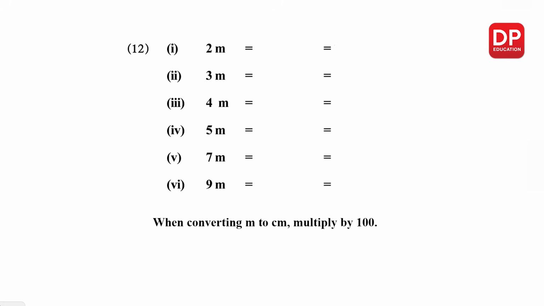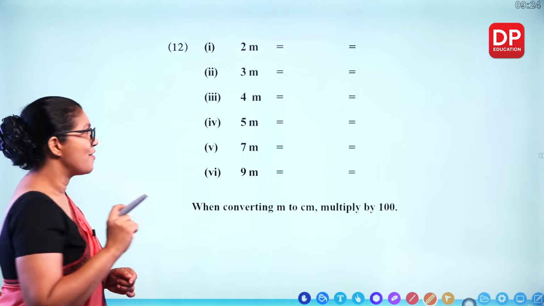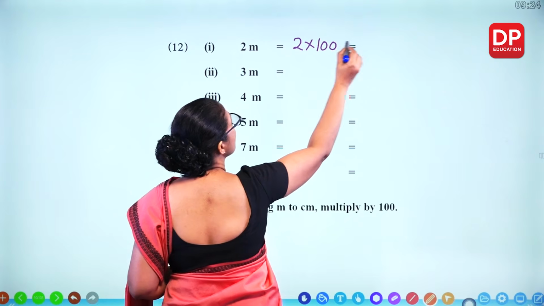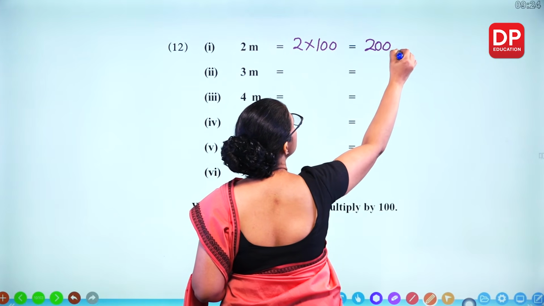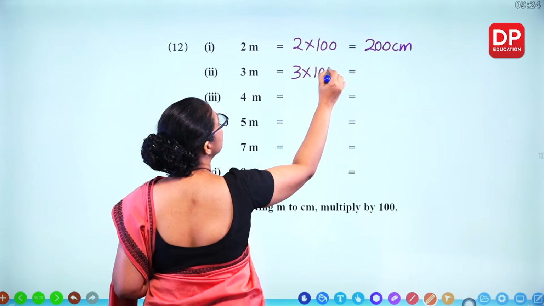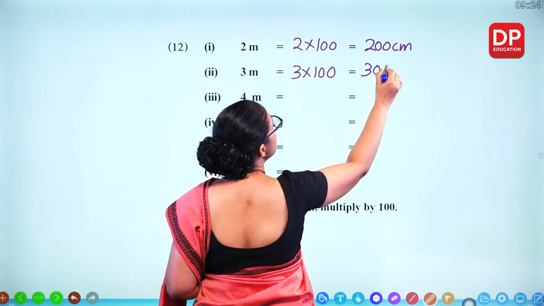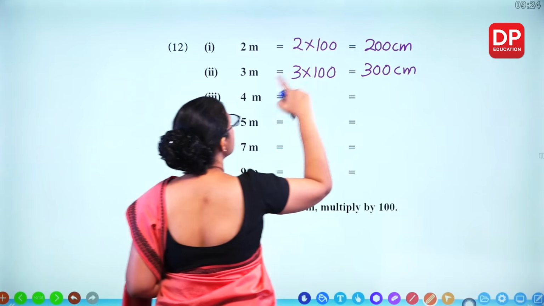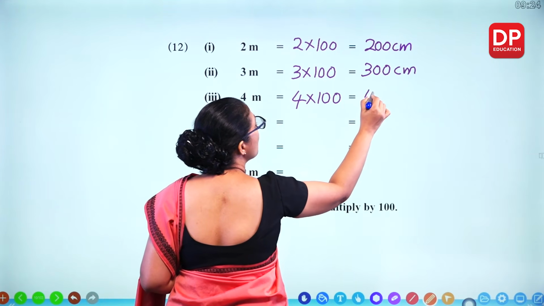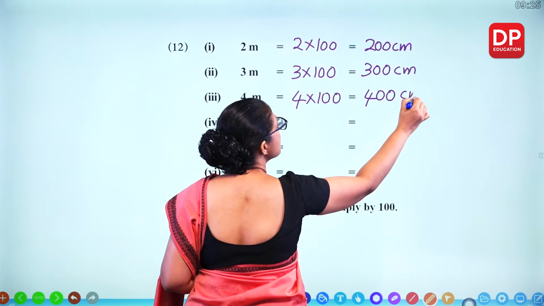Meters will convert to centimeters. So what do we do? We multiply by 100. So 2 times 100, 200 centimeters. 3 into 100, 300 centimeters. 4 into 100, 400 centimeters.